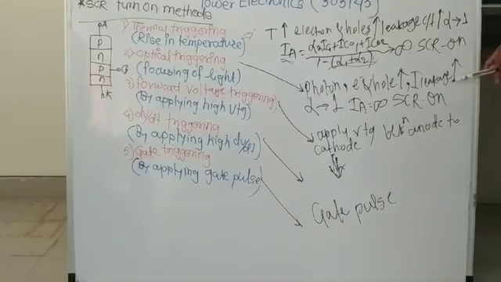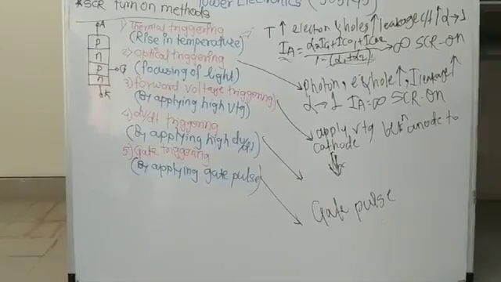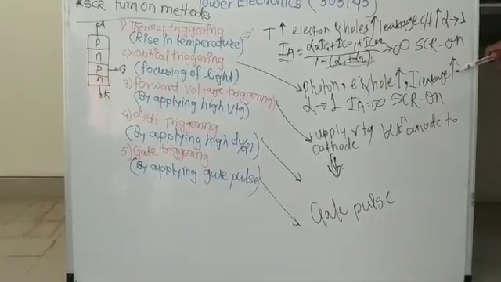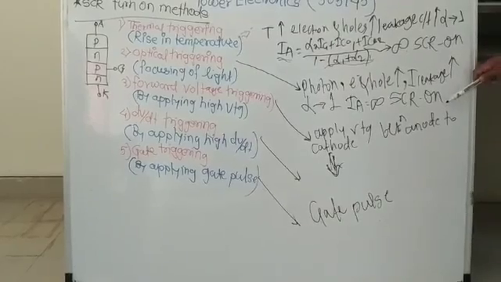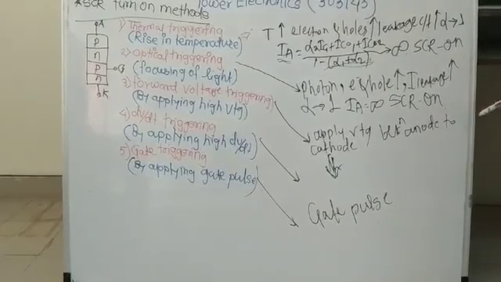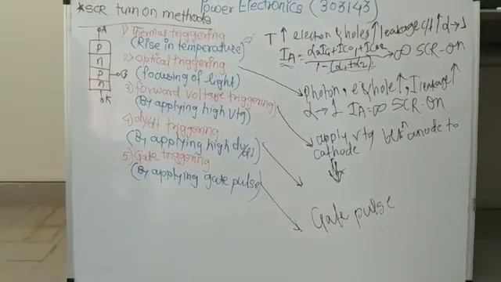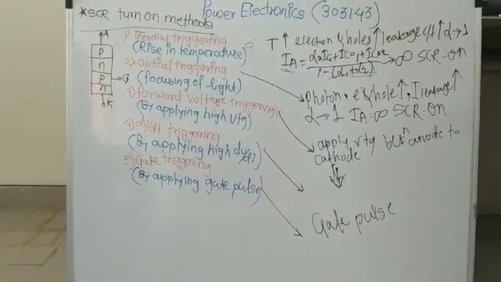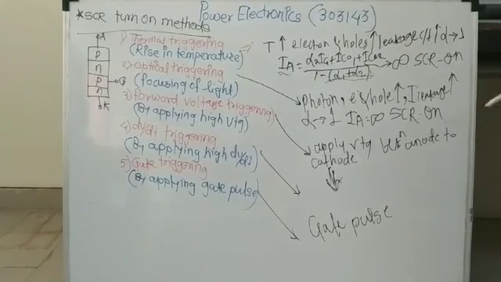Then forward voltage triggering, in which we apply the battery between anode and cathode only. Hence it is also not practically used because due to high voltage your SCR gets damaged. Then dV by dt triggering is never used, because if accidentally your SCR gets turned on, it may damage your device.